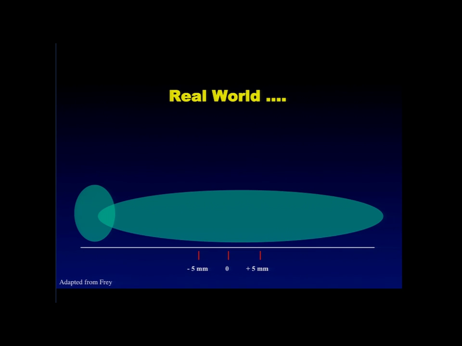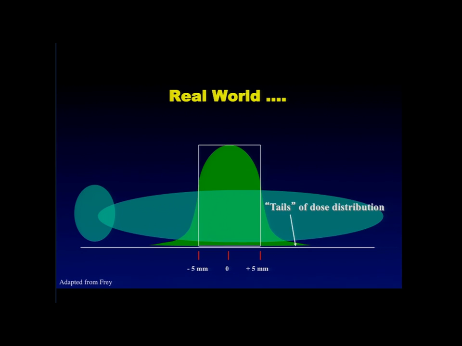So what about the real world? Well, here's our patient, and we're going to use a fan beam width in the Z direction, in this case, of 10 millimeters. And if we had a nice cooperative world, that area of the patient that would be irradiated is represented by this nice, tidy, rectangular box in white.